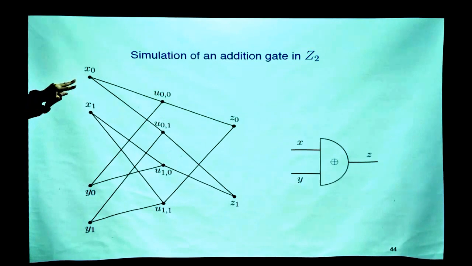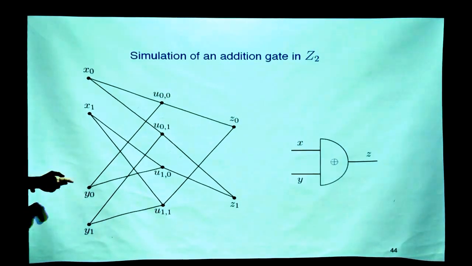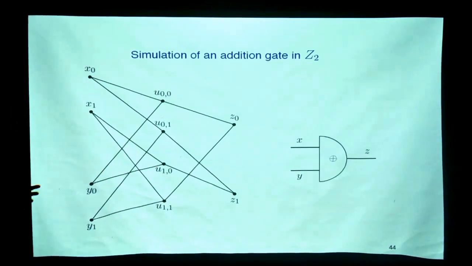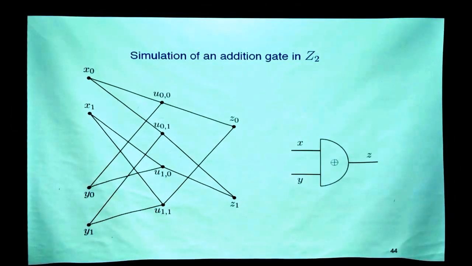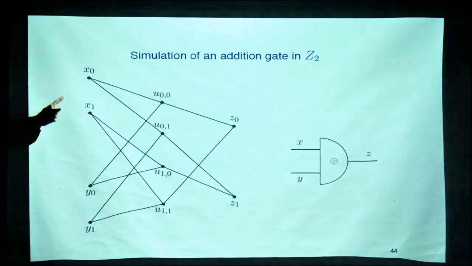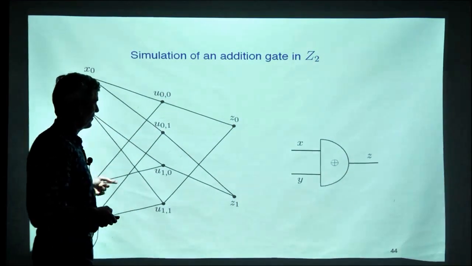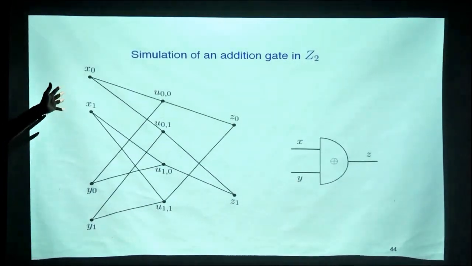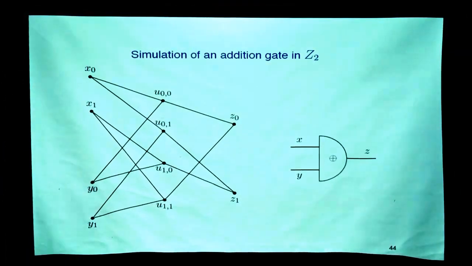Either you twist here or keep it, and here too. And this is translated into this gadget, which has the property that you have 0 or 1 in both of them, and in the output you get the sum of both inputs.